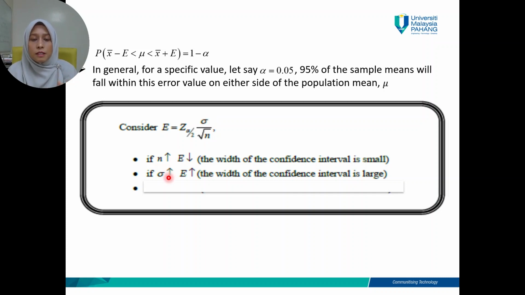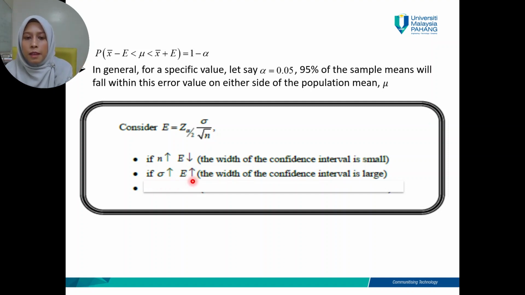So this is another factor that will affect your estimation error value. That's why we always say that consistent data is better, because it will give you better estimation. Your analysis will be more precise and accurate.